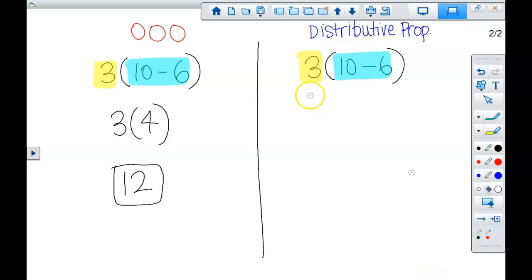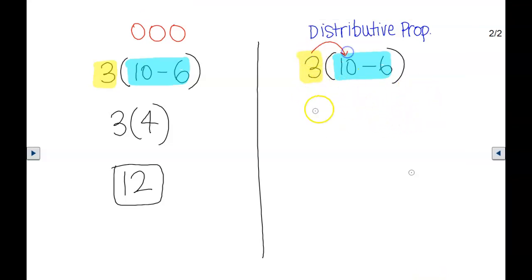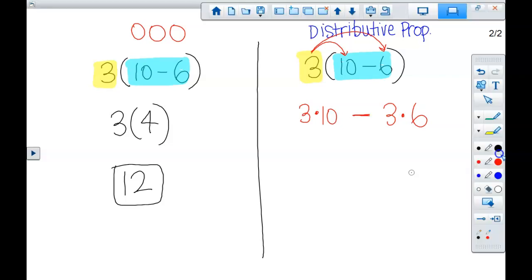I can multiply the 3 by each member of the group individually. So I can do 3 times 10, and I can do 3 times 6, and then put my subtraction sign right there in the middle. So each member of the group gets that 3. Each member of the group gets multiplied by that 3.